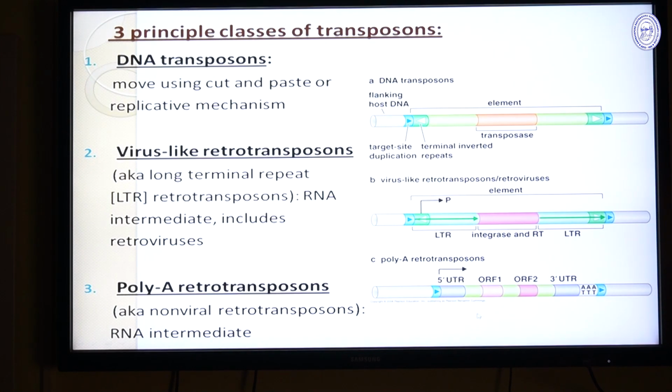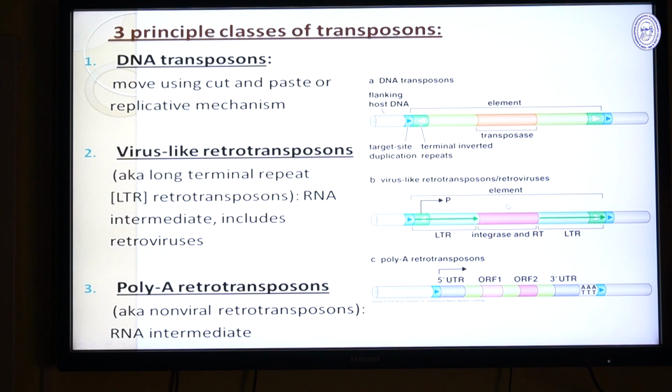So what they have is a 5' UTR and a 3' UTR at the other end. What is this UTR? UTR is the untranslated region, and then they have two genes, basically ORF1 and ORF2, that code for different enzymes, which we will go into in detail when we cover the poly-A retrotransposons.